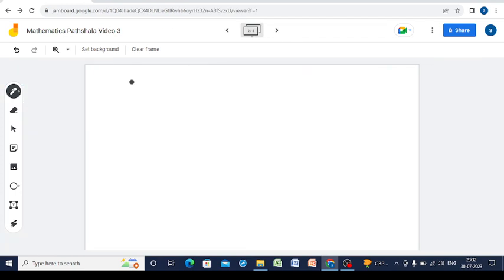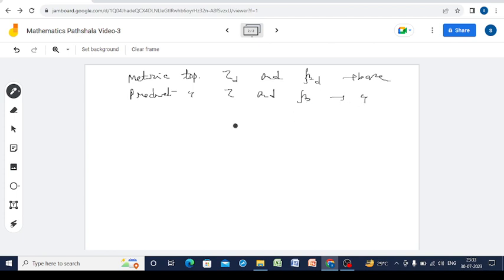So let us denote the metric topology by tau d, with script Bd the base for tau d, and we denote the product topology by tau and script B for the base of tau.